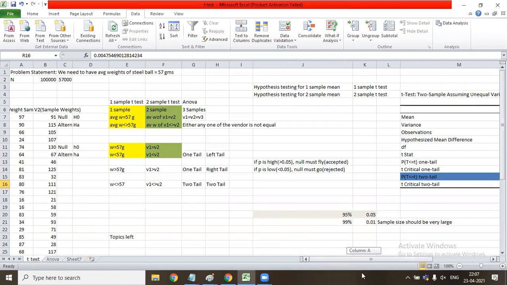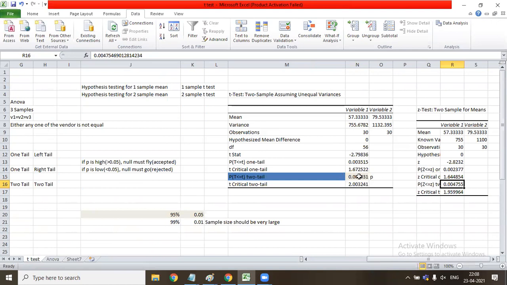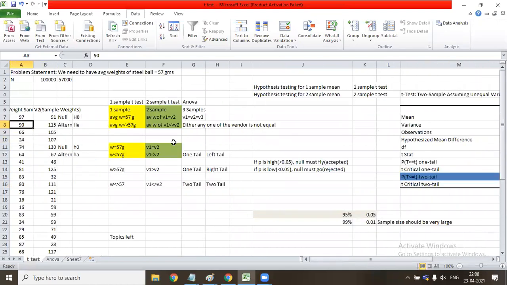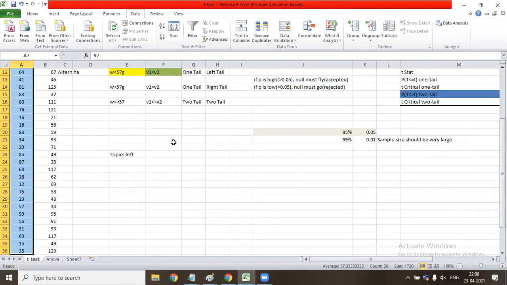Now on the same data, I applied the Z test. It is giving a p value of 0.004, while earlier it was 0.007. Why is the value similar, with only 0.002 or 0.003 difference? The reason is because we have 30 samples. As I increase to 60, 80, 100 samples for each vendor, T and Z will give a similar kind of result.